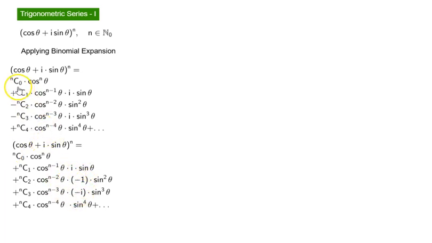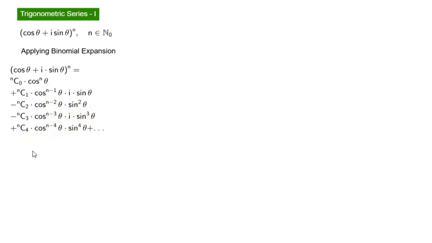We get nC0 times cos n theta plus nC1 times cos to the power of n minus 1 theta times i sin theta minus nC2 times cos to the power of n minus 2 theta times sin square theta, and so on. Now that we have this, we will group the even and odd powers.